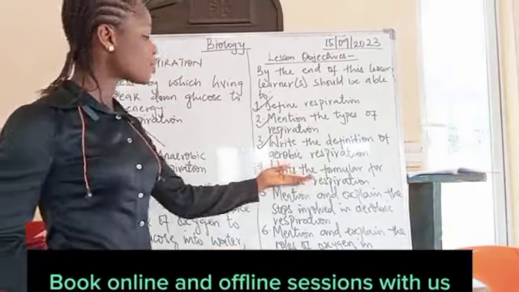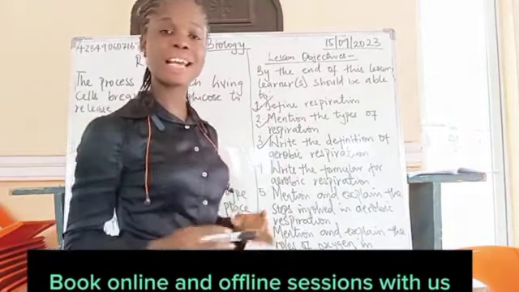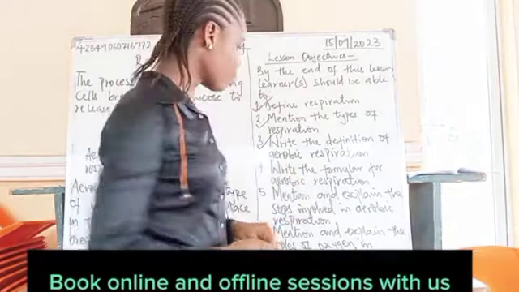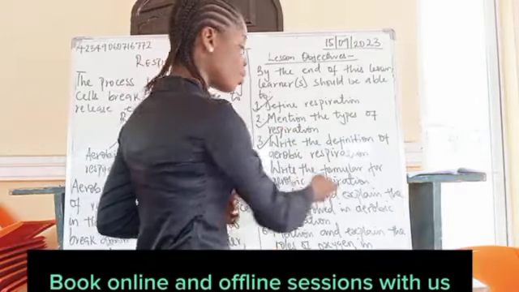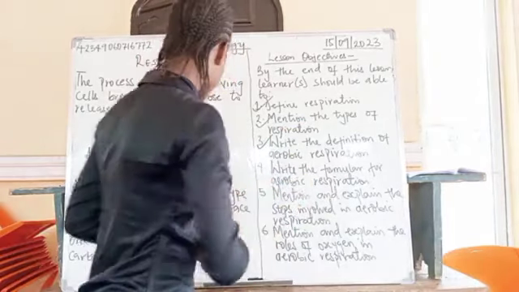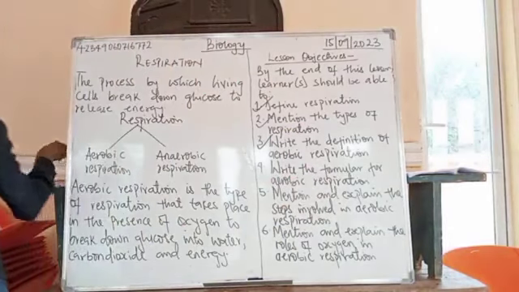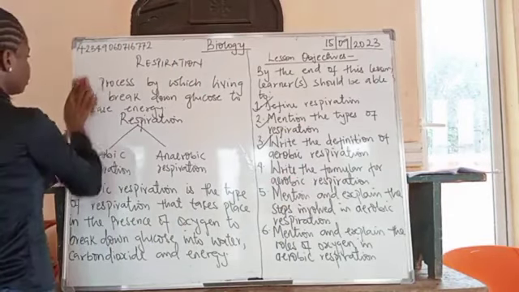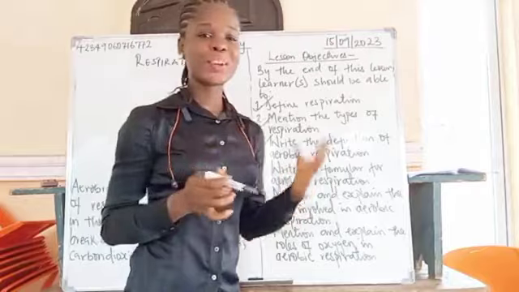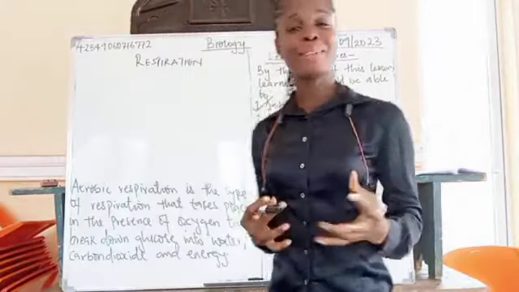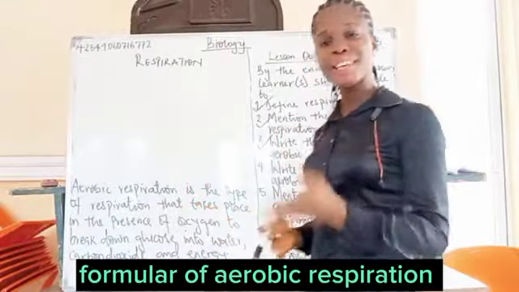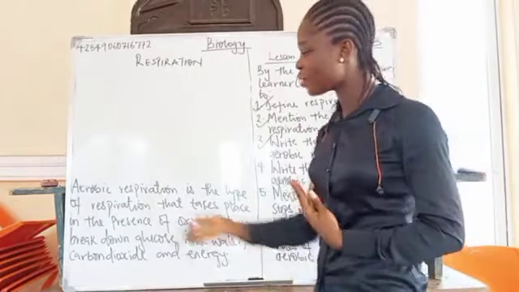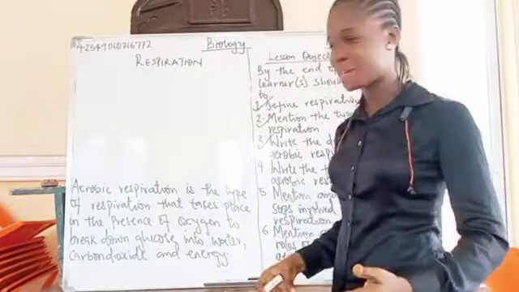We go over to the fourth instructional objective, which says that my learners should be able to write the formula for aerobic respiration. Now, I wish to inform you that learning the formula of aerobic respiration would be easier if you are aware of the definition of aerobic respiration.